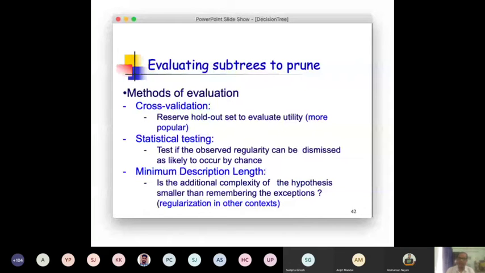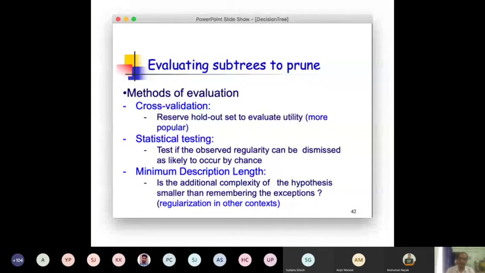Now these two encoding schemes need to be equivalent, needs to be normalized. Now you find out what the additional complexity is. That means you take the encoding of the full tree, and when you prune the node, you get the other encoded size.